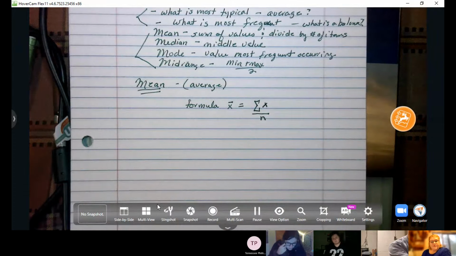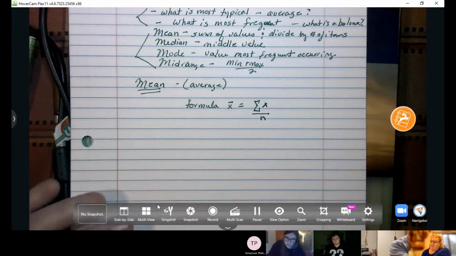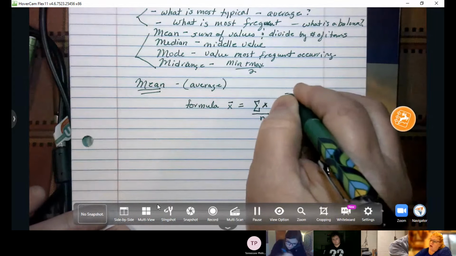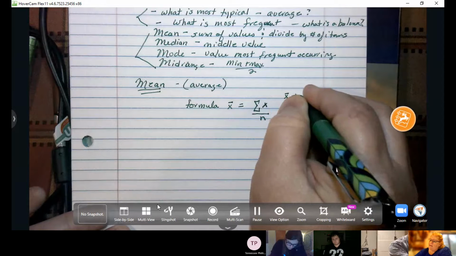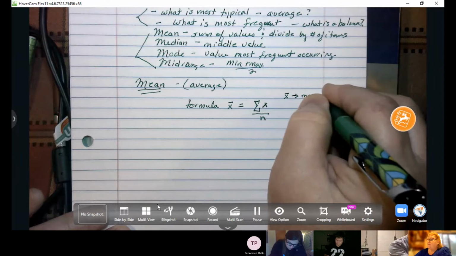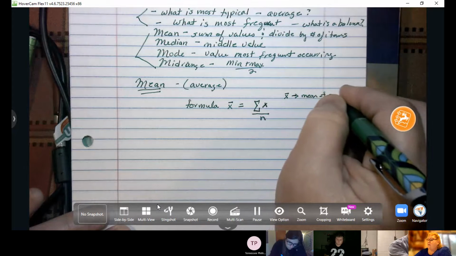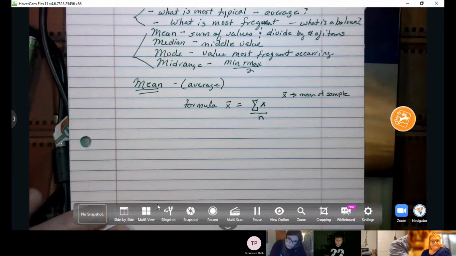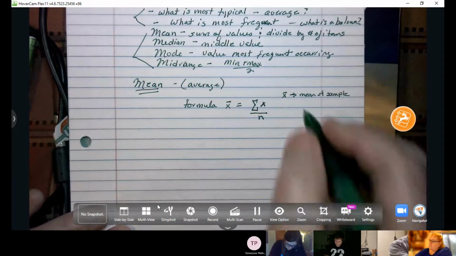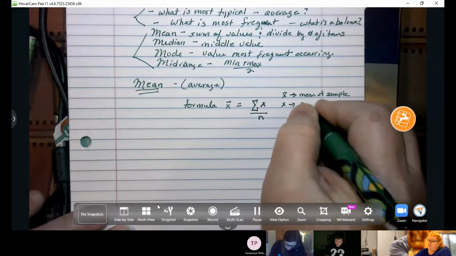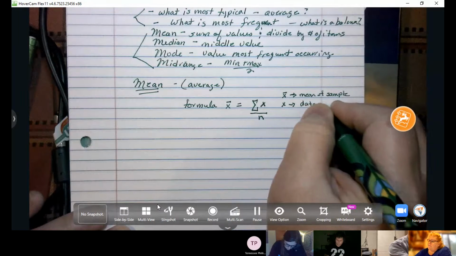So in order to understand the formula, the first thing is you need to know what the symbols mean. The x with the bar over it means that that is the mean of a sample, not a population. The little x means that is a data value.